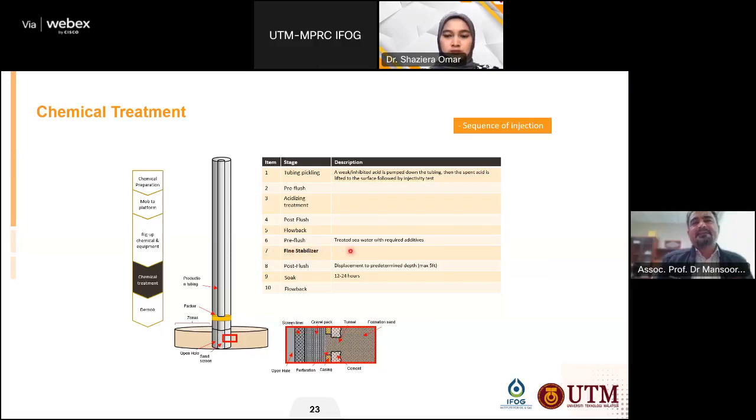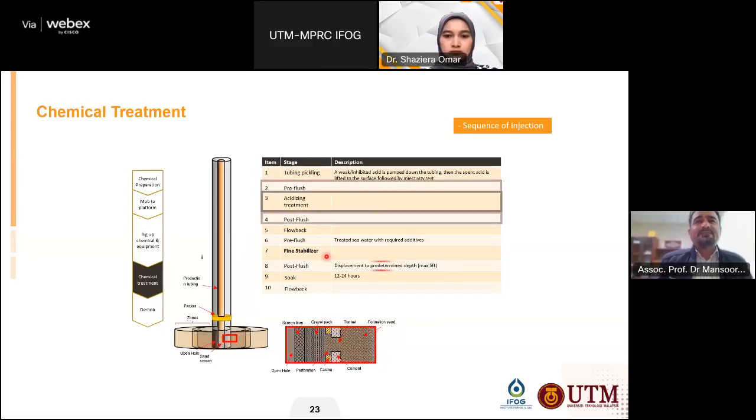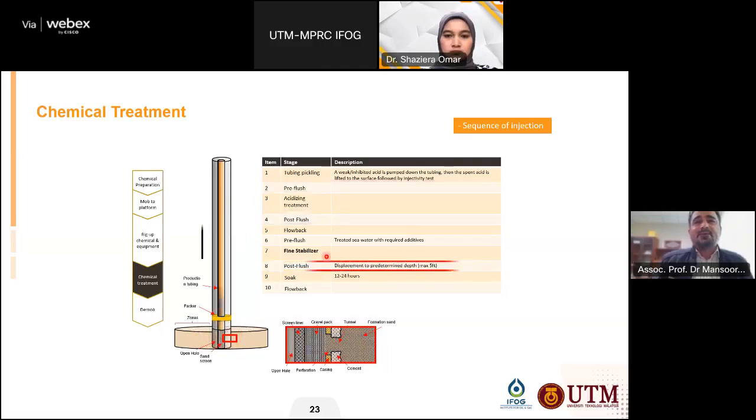the treatment that is specifically designed to remove or to stabilize the fines within the reservoir. As you can see, we need to do tubing pickling, and then we do pre-flush, and then we do acidizing treatment. We post-flush, and then flow back, and then another pre-flush. We go for fine stabilizer, and we go for post-flush.